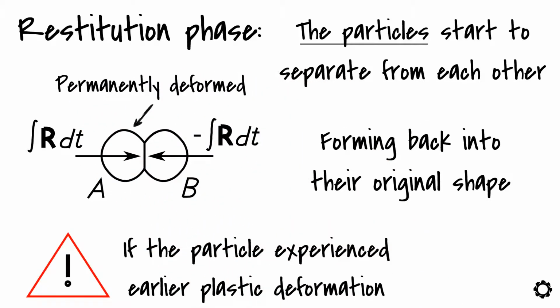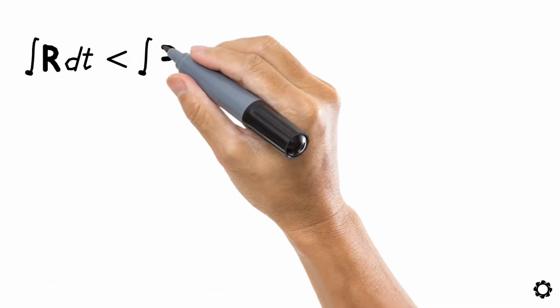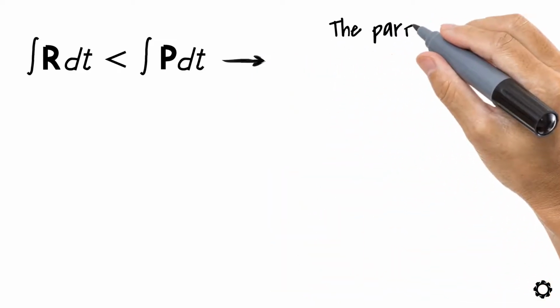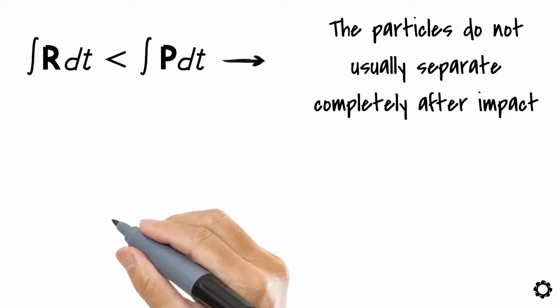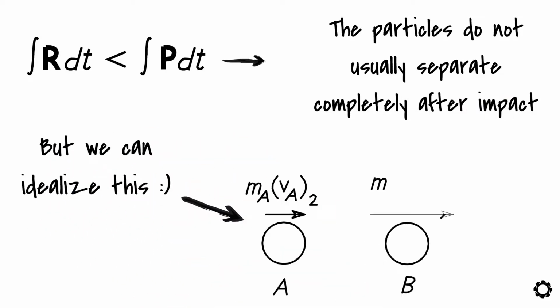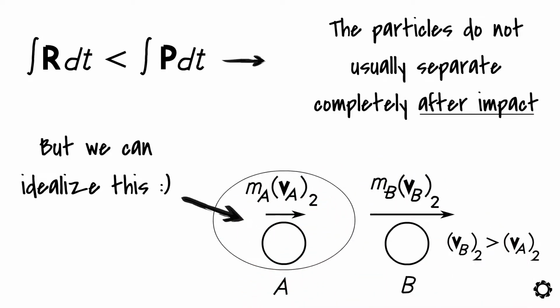It is also good to know that in reality, restitution impulse is always smaller than deformation impulse, which causes the situation that the particles do not usually separate completely after impact. But we can idealize this and consider that they will be. In this case, the velocity of particle B will be higher just after the impact than particle A's velocity.